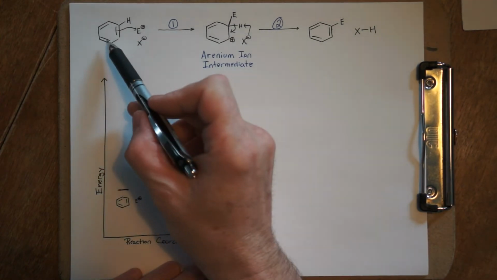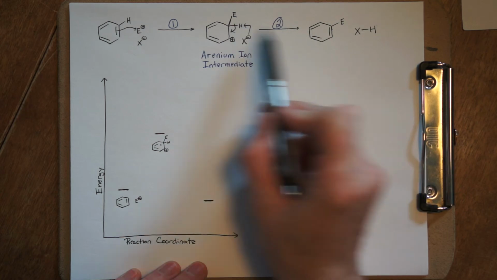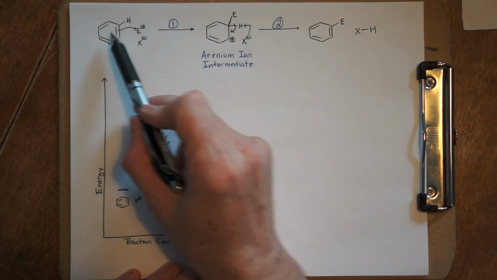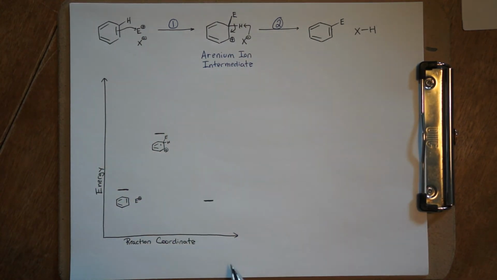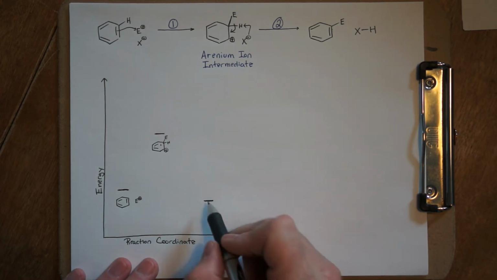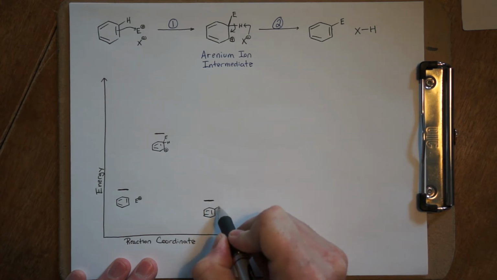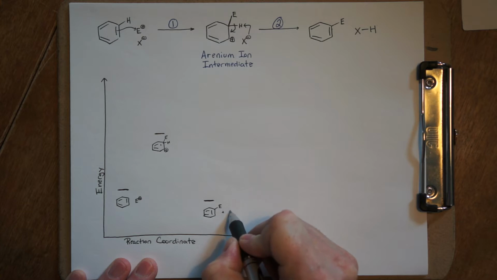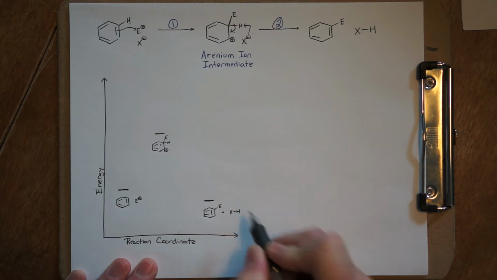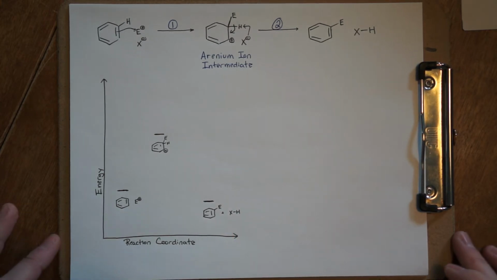So there shouldn't be too much difference in energy between just the benzene and the substituted benzene. It really comes in the reactivity of the electrophile that we're using, right? So let's draw in our substituted product. And then the acid that's made in this reaction.